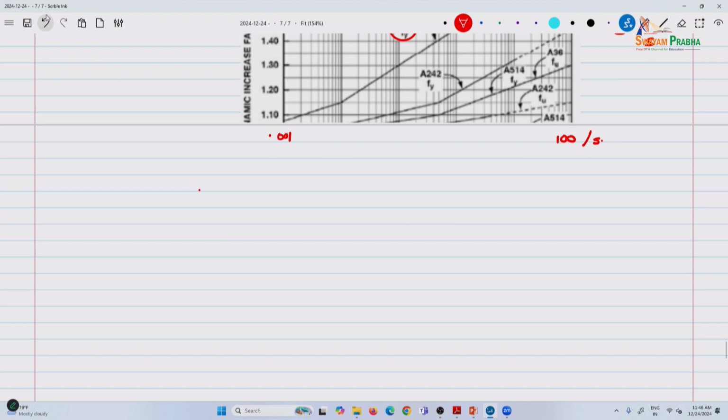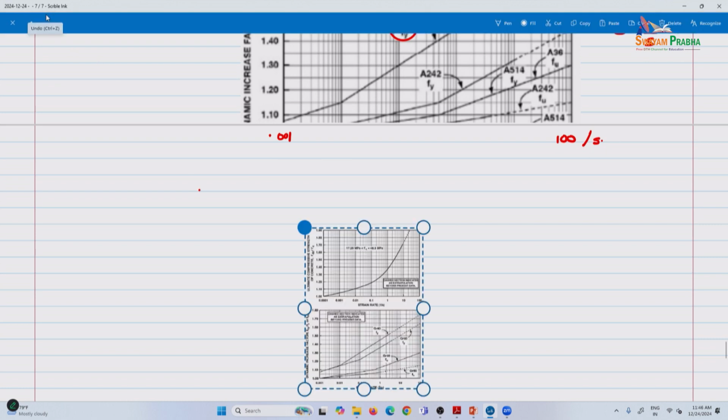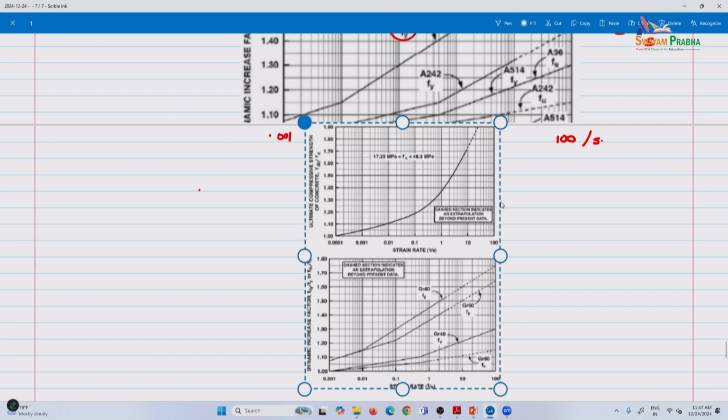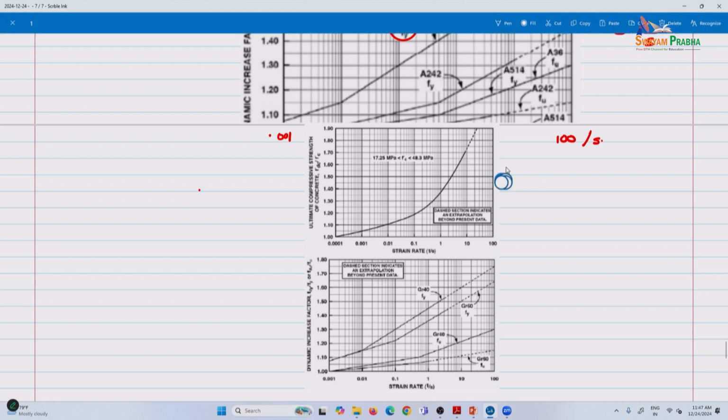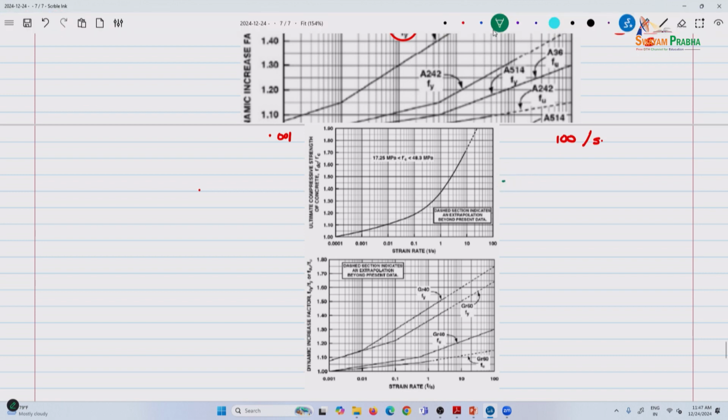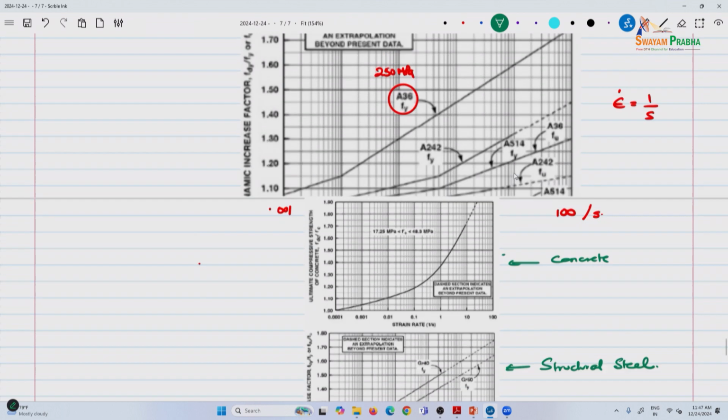So the first one is for concrete, and structural steel. And this is for reinforcements.